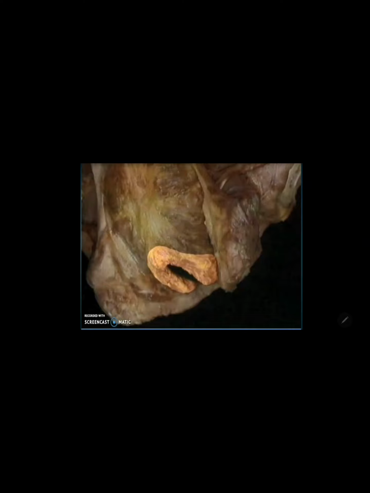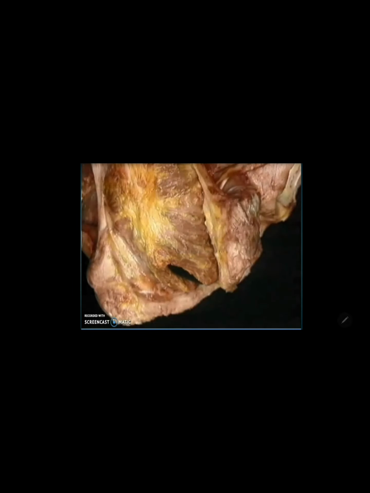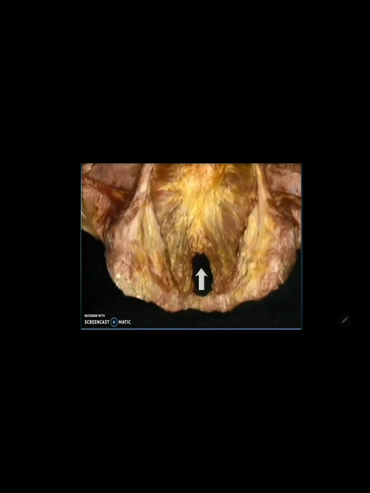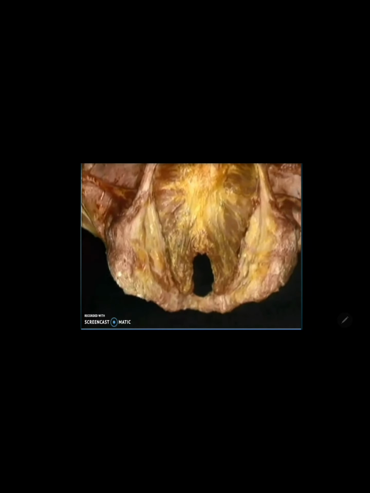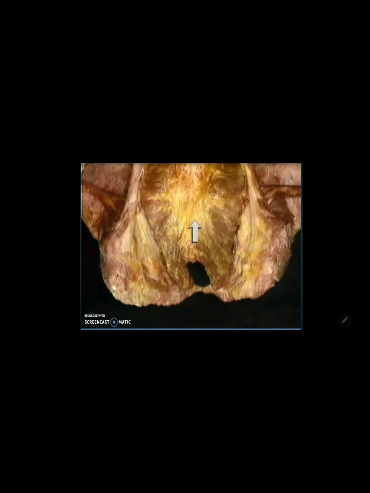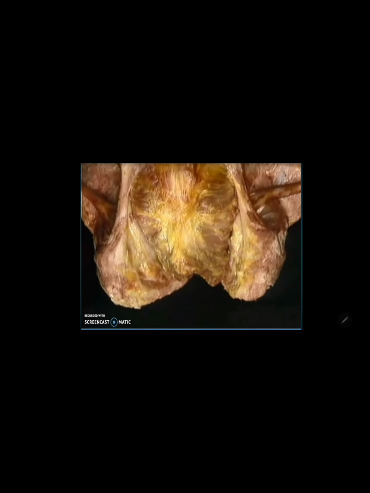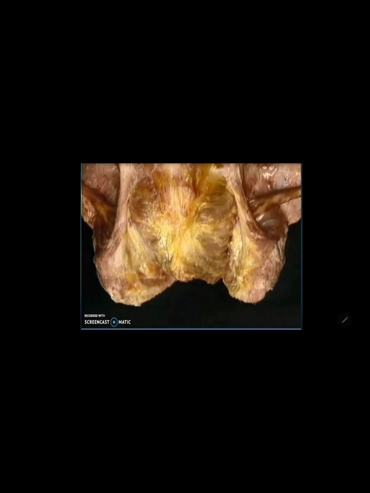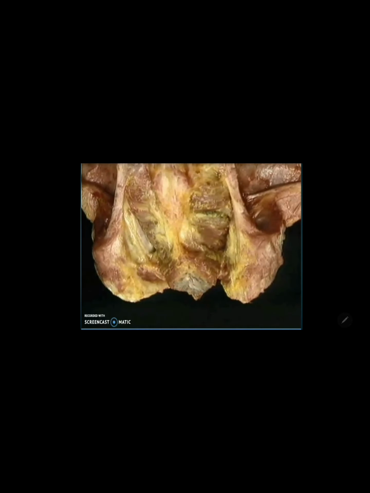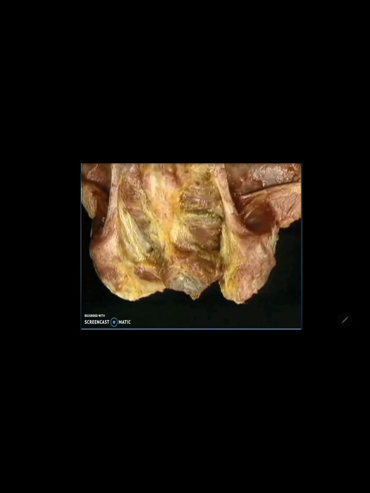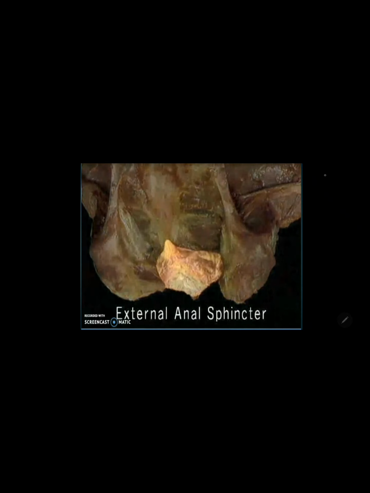You can see puborectalis muscle there forming a sling, that is urogenital hiatus, that is anococcygeal ligament, and if you add the anal canal, you will see the external anal sphincter having the subcutaneous part, superficial part and deep part.